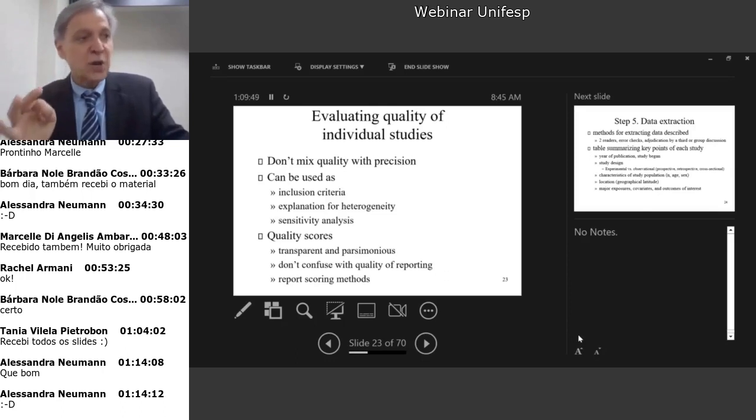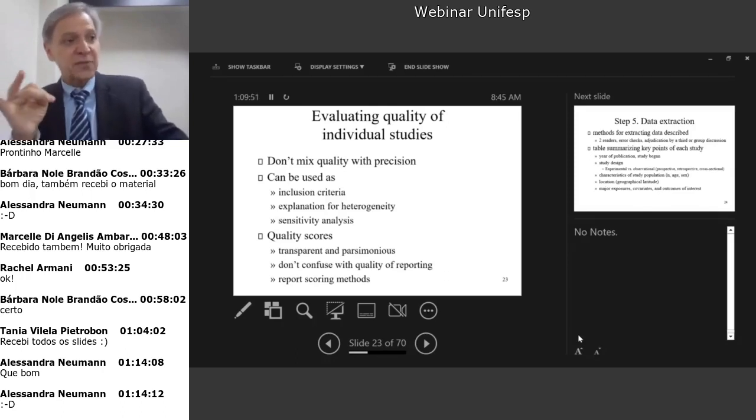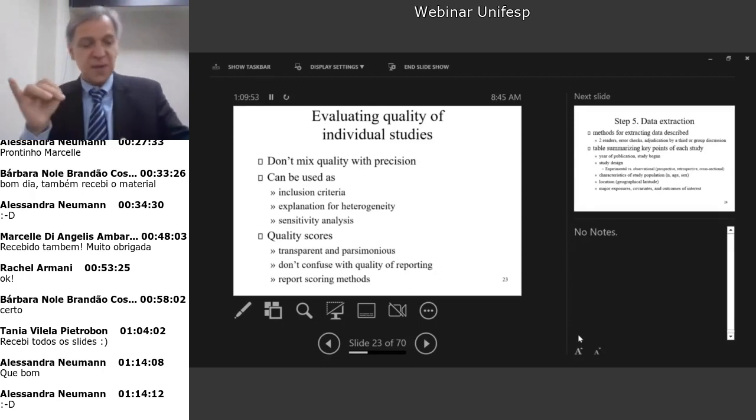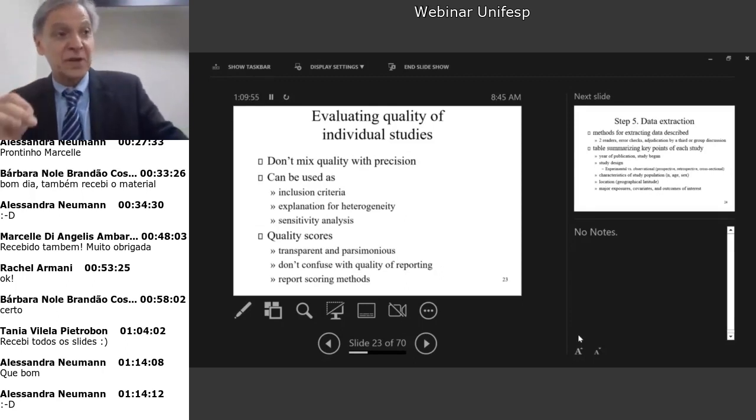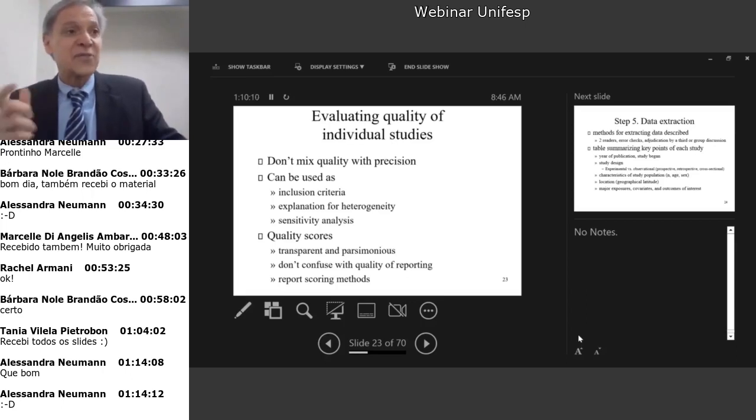If it's a case control, counts 1. If it's a retrospective cohort, counts 2. If it's a prospective cohort, counts a value of 3. If it's a non-randomized trial, counts a value of 4. And if it's a randomized design, it comes to a value of 5. And if it's a randomized controlled design, double-blind, placebo, I give it a 6. So you have a score of levels of evidence.